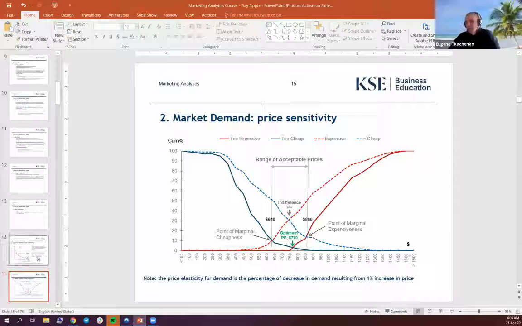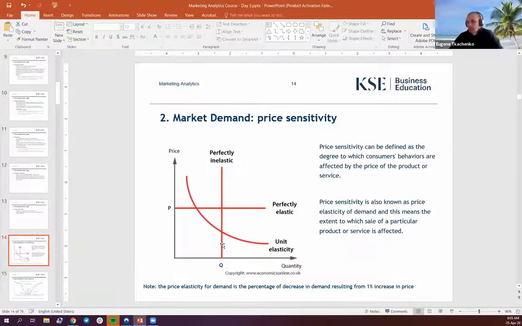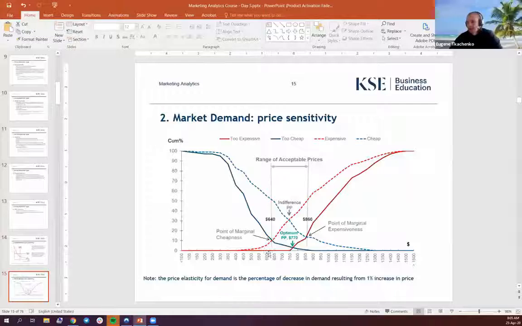So when we're talking about elasticity, we just need to understand what type of product we are dealing with, and secondly, understand the range of acceptable prices for that particular product.